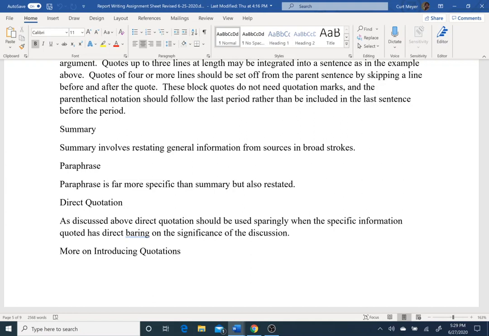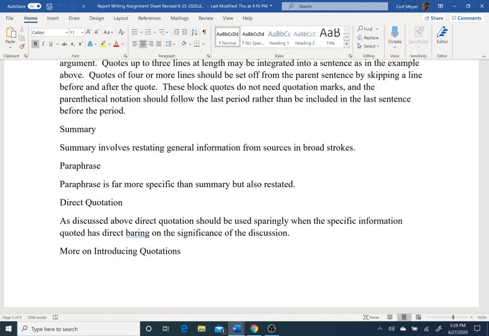So, summary is, most of you know this. You've had these terms for, in some cases, decades, right? This is by way of review. So summary involves broad strokes. Paraphrase is specific, right? But it also has to be restated.